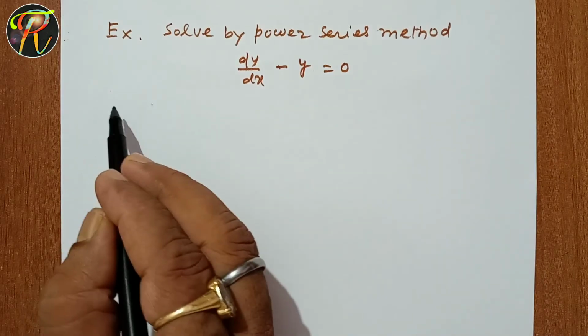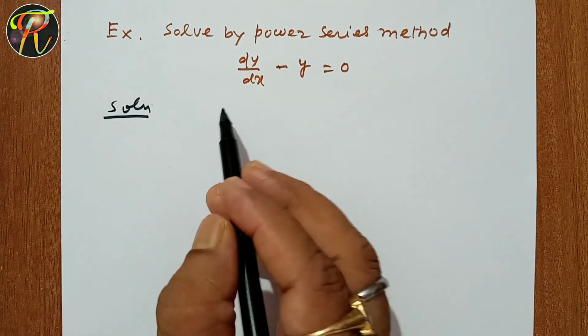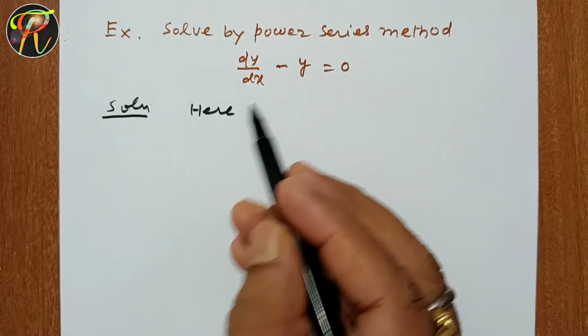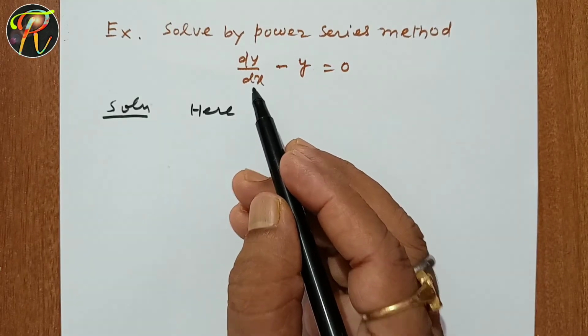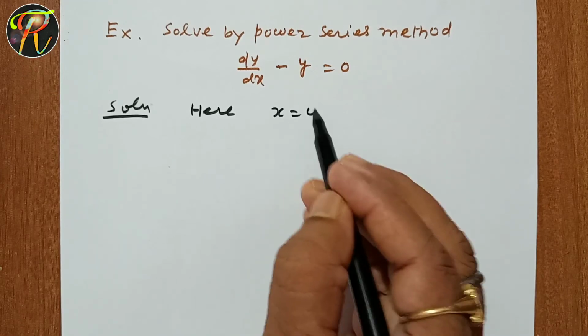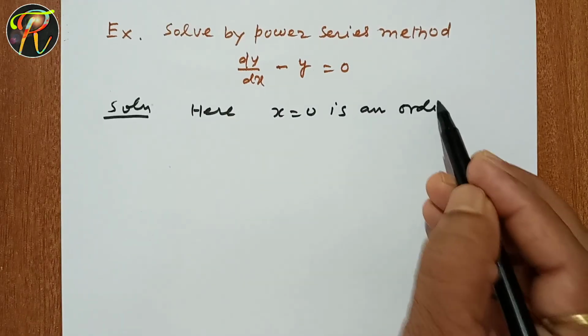So how do we solve it? Here first we check at x equal to 0. At x equal to 0, this is an ordinary point.